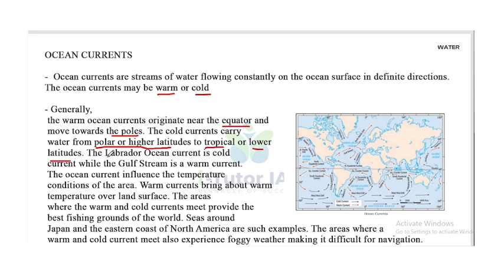The Labrador current is a cold current, while the Gulf Stream is a warm current.